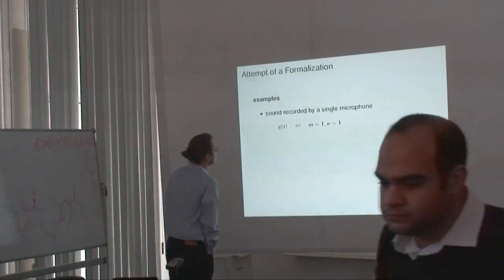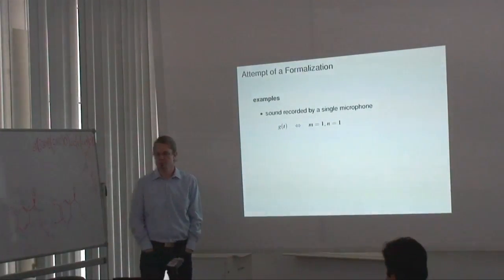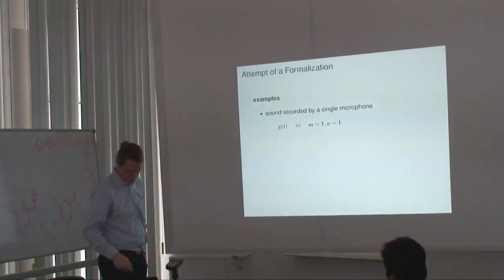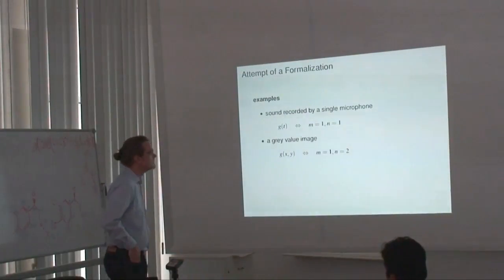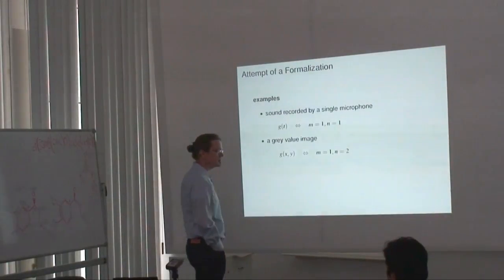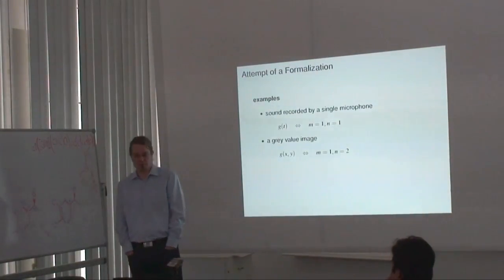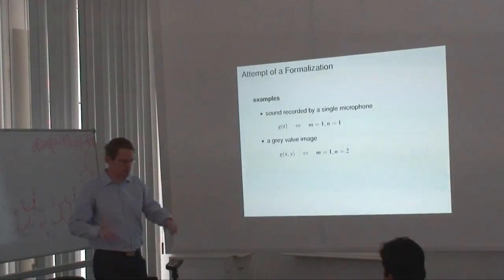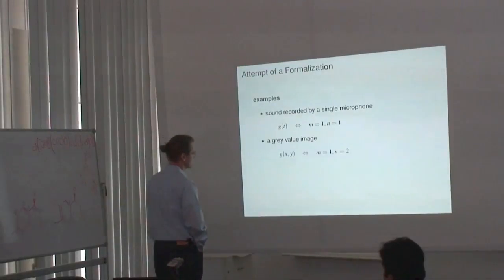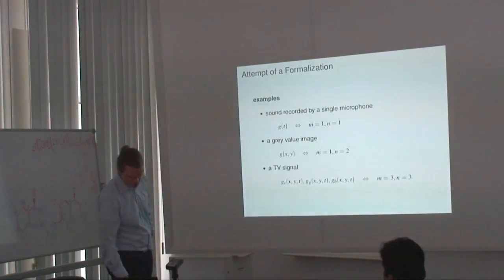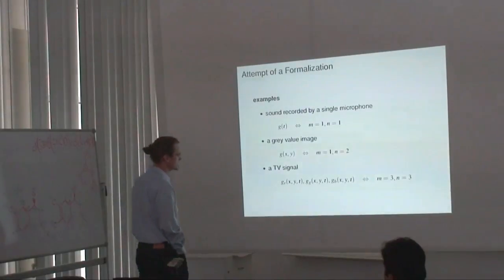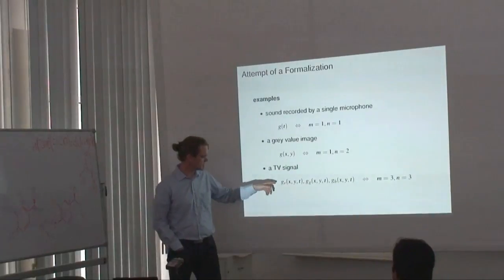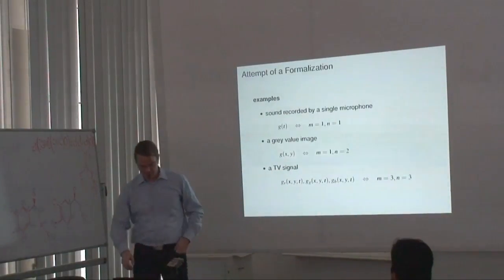Here are those examples. If we were to record sound by just a single microphone, then the pattern would be a function g of t. If we were to record a gray value image, a density image, an image where there's no color in it, we can think of it as a function defined over a plane, so say a function g of x and y. And if we were to record a TV signal, this time with color, basically it would consist of a vector of functions, like something like this here.